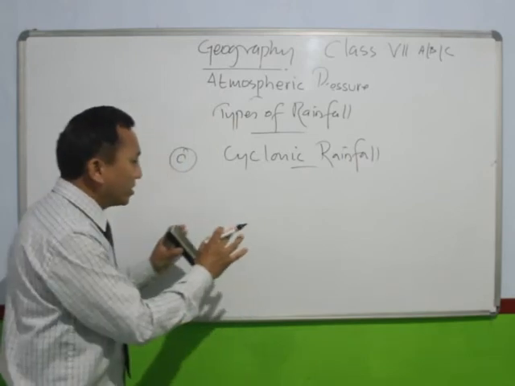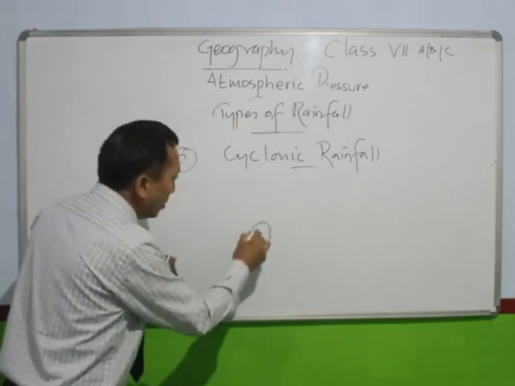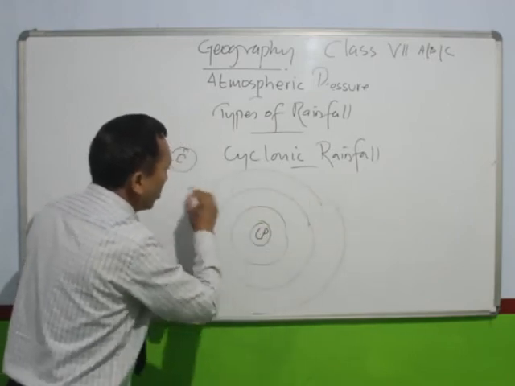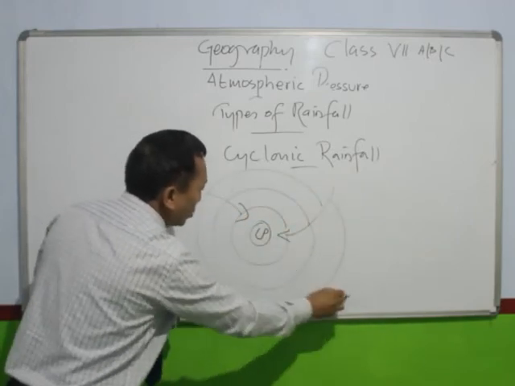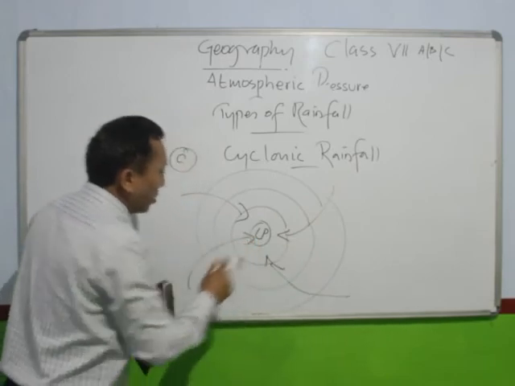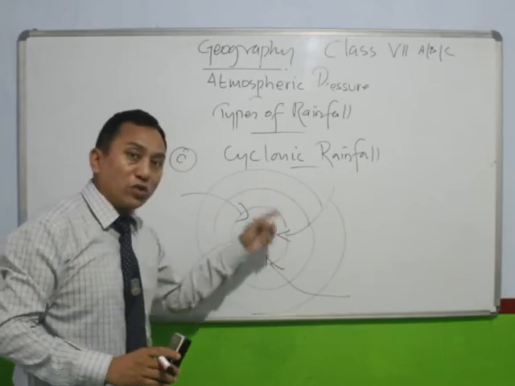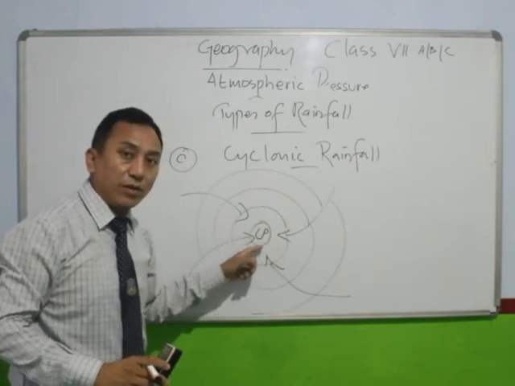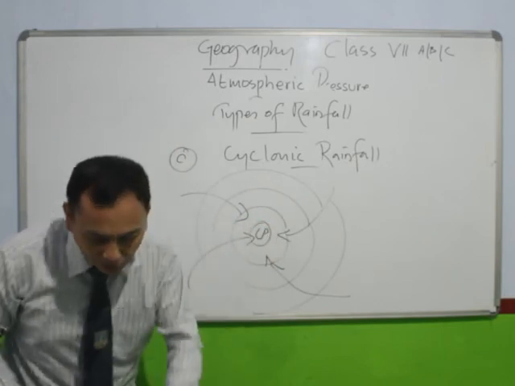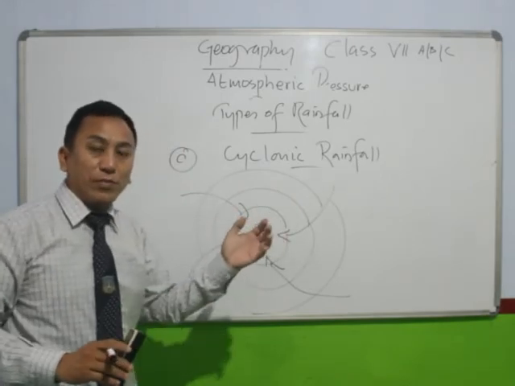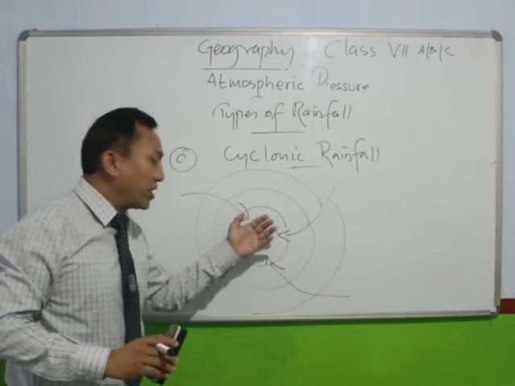When a low pressure central region is formed, cold air from the surroundings comes to occupy the space. Because warm air is there in the central region, this warm air starts to rise up.